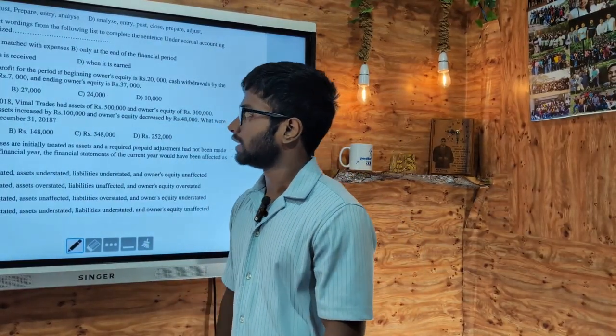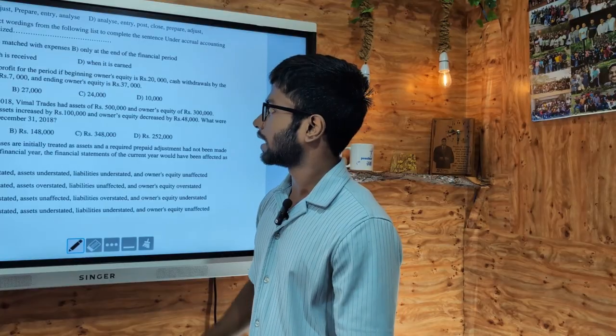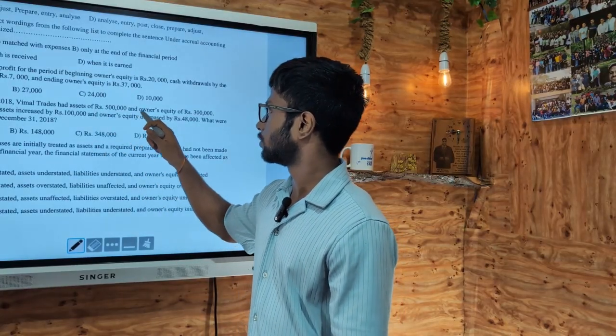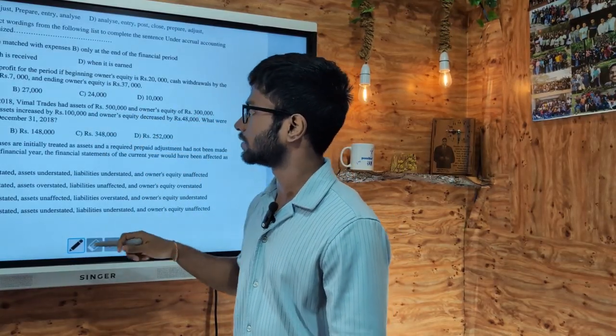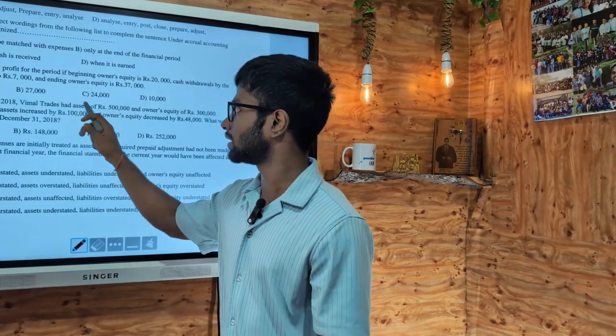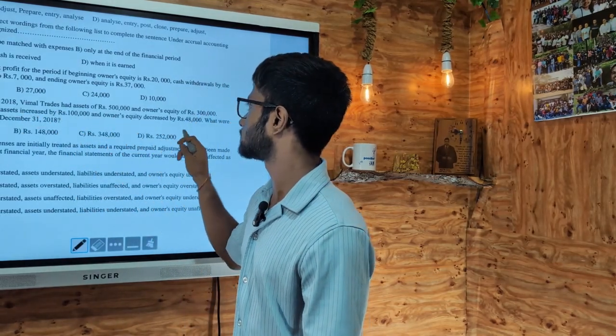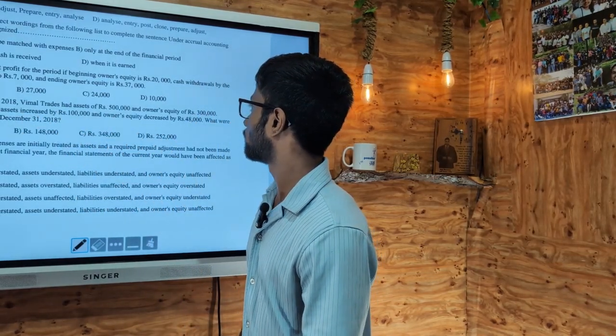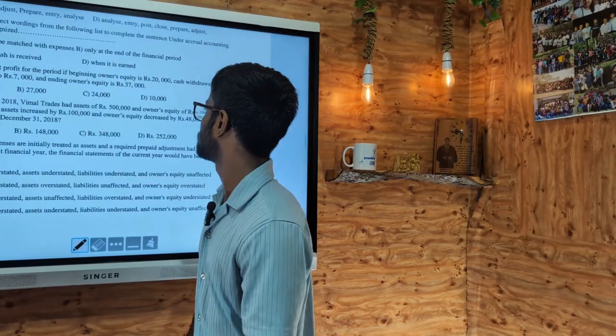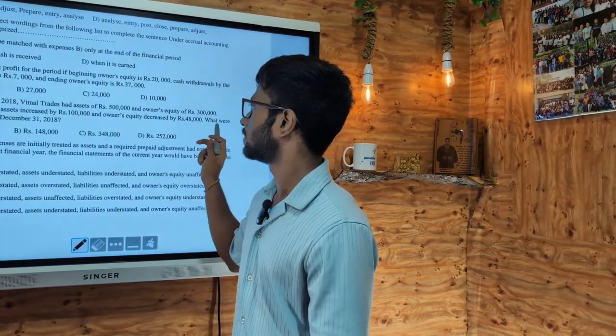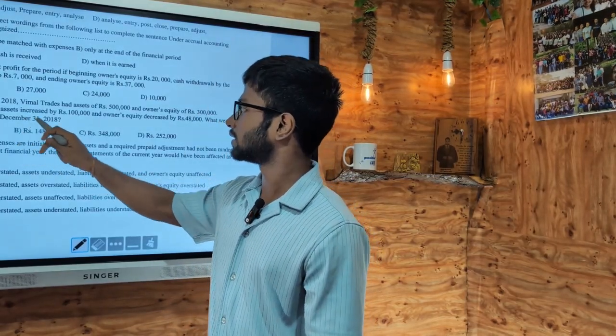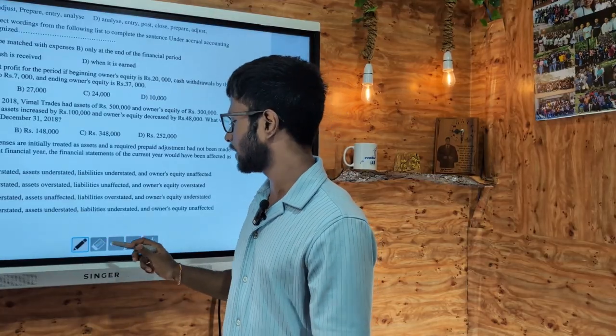On January 1st, 2018, Vimal Traders had assets worth 500,000 and owner's equity 300,000. During the year, assets increased by 100,000 and owner's equity decreased by 48,000. What would be the liabilities as at 31st December 2018?